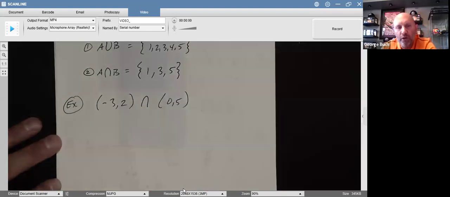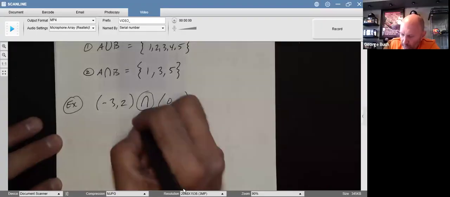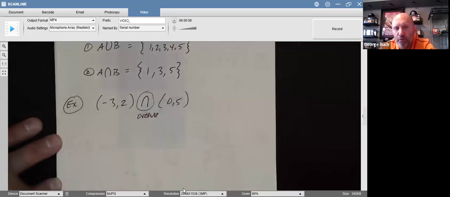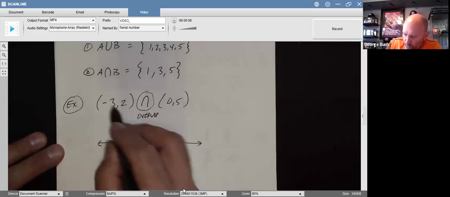So if you remember from video 1, to solve these, we're going to do what? We're going to draw a number line, and because it's intersection, we want to find the overlap. It's a lot easier to do visually with a number line than trying to do this in our head or some other method.